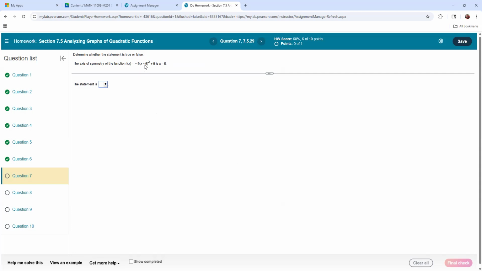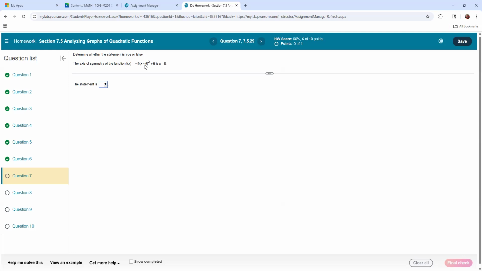Yeah, I'll tell you the trick on this one. The axis of symmetry on these graphs, you see where it's got that x minus 6 in parentheses being squared? Since that's a negative 6, the axis of symmetry would be a positive 6. If that was like an x plus 6 being squared, then the axis of symmetry would be a negative 6. So the axis of symmetry is where that's moving that graph from.